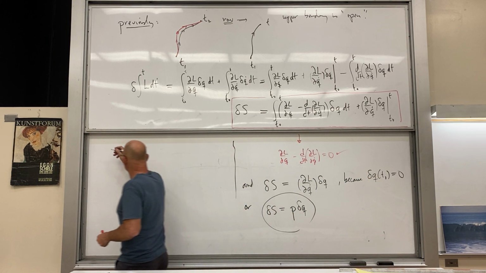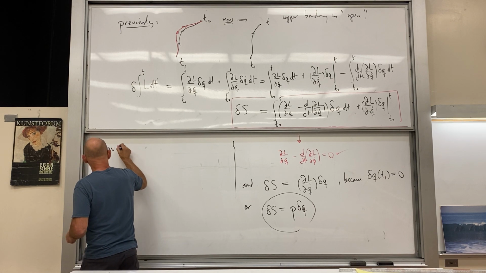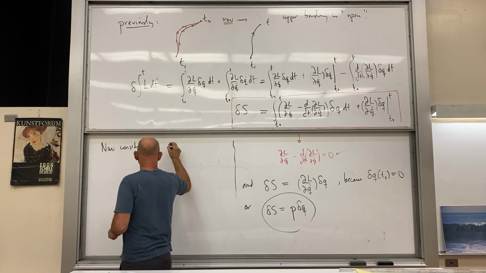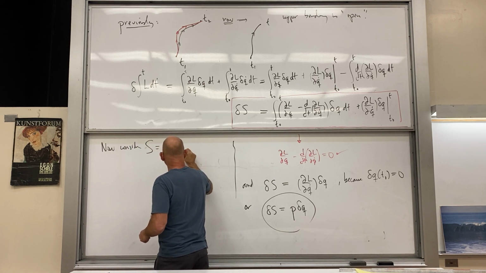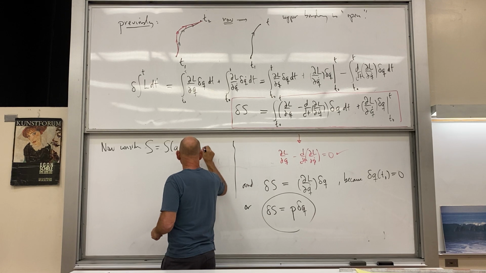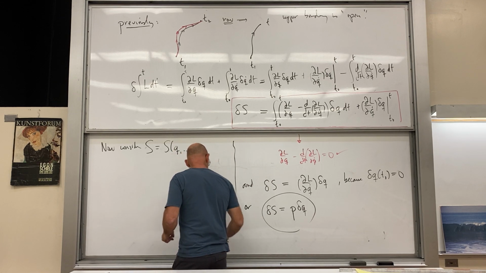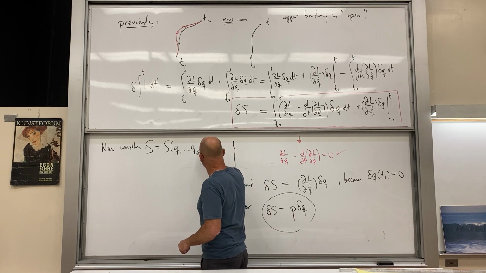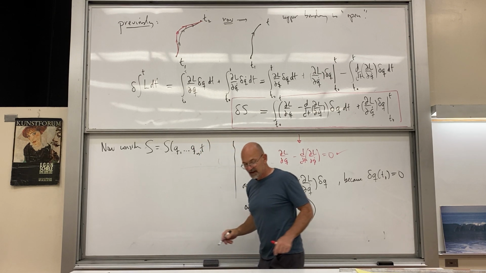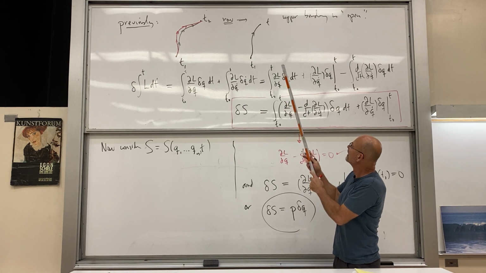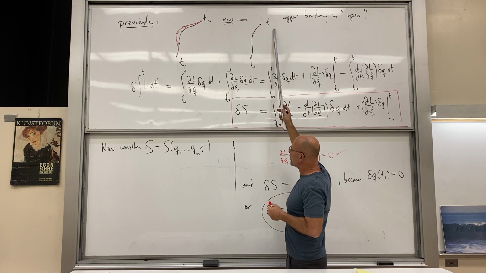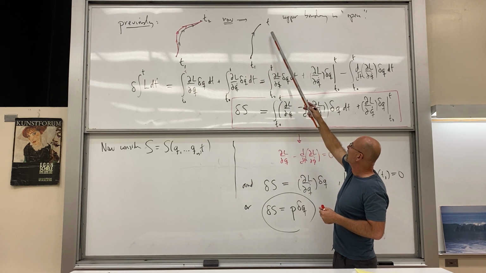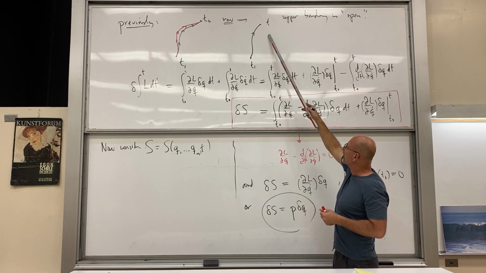So now what we want to do is consider S as a function of the coordinates and the time, namely this upper bound. Time was associated with some coordinates. You have q of t, you have t corresponding to the coordinates.